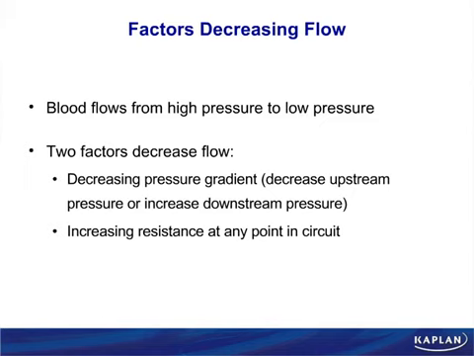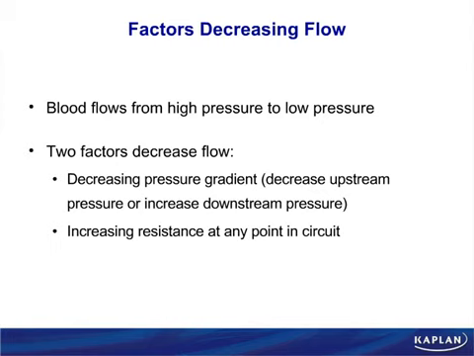Let's talk about flow. You spoke about flow in the cardiology section. Same concepts apply in the kidney. Blood flows from high pressure to low pressure. Blood flow is a high yield concept in all of physiology. There are two factors that affect flow. Blood flows down a pressure gradient. Blood always flows from high pressure to low pressure.